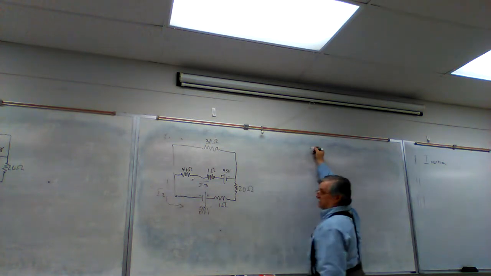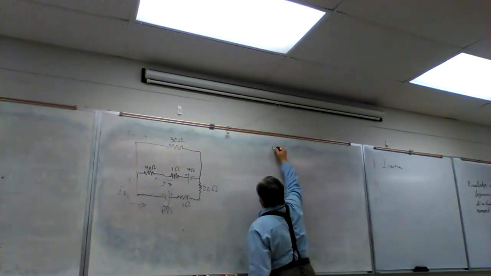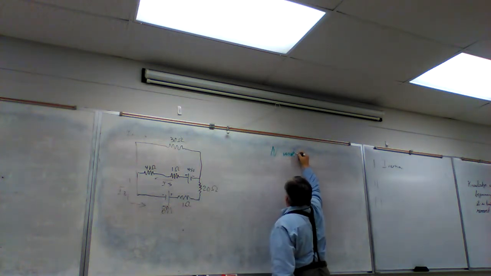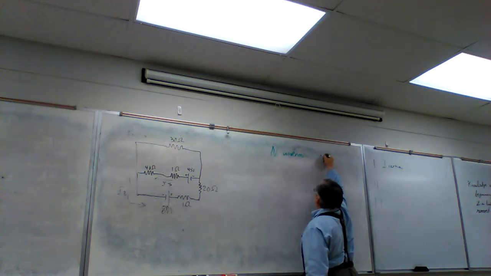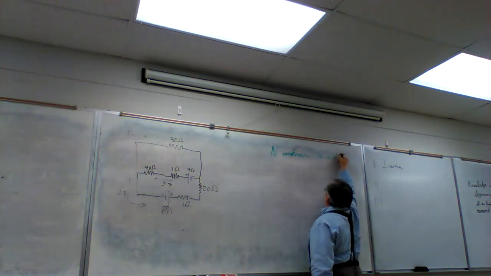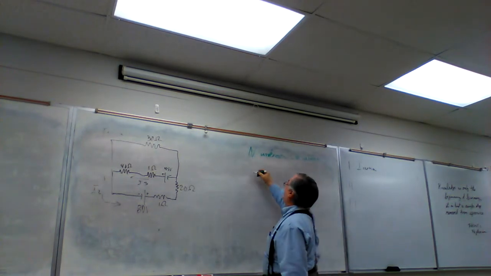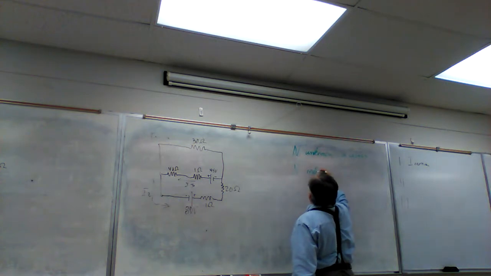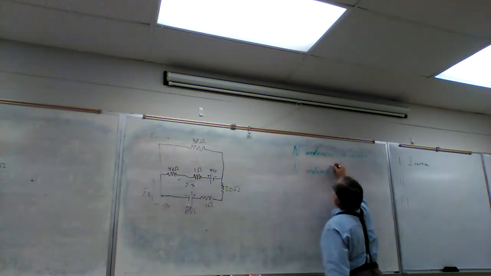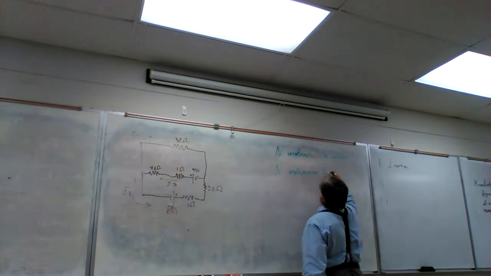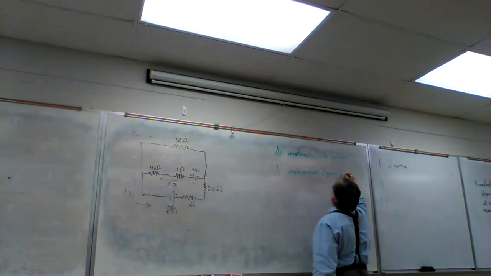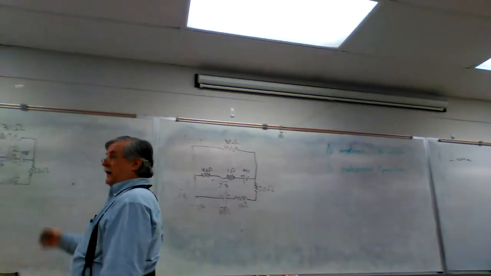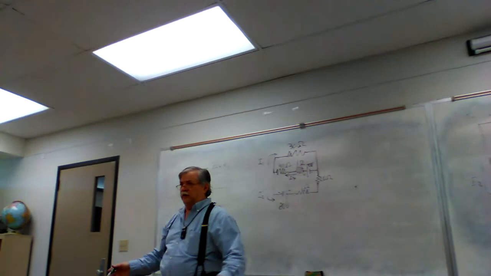As a rule, and it's a hard and fast rule, for n unknown quantities, you must have n independent equations. 3 variables, we need 3 equations. And they can't just be any 3 equations.